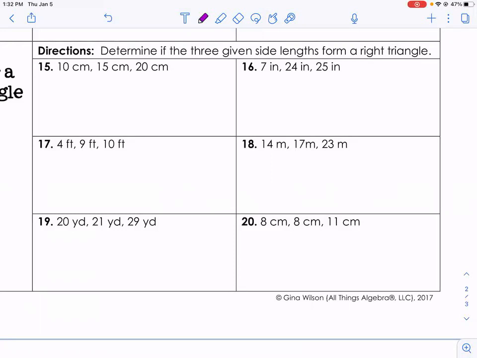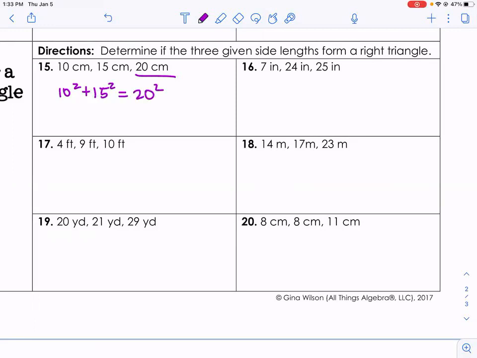If they don't work, we don't have a right triangle. How do I know which one to make the hypotenuse? Sophia. It's the biggest one. The hypotenuse is always going to be the biggest measurement. So in this case, which one's the biggest? 20. So let's write 10 squared plus 15 squared equals 20 squared.